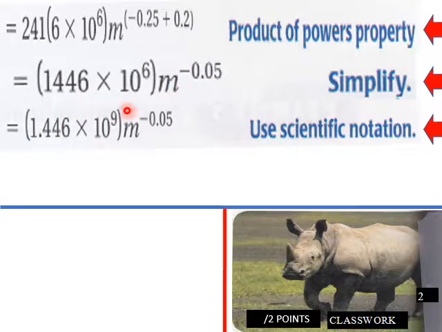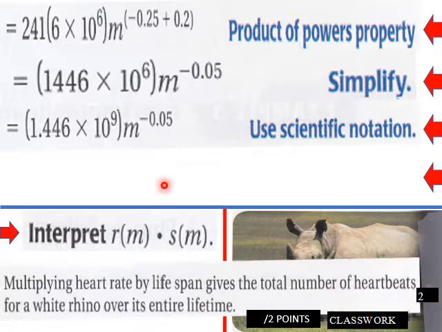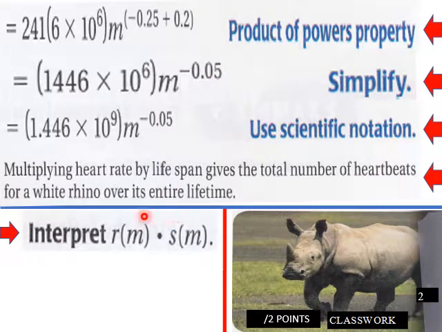And then we can use scientific notation. We move our decimal place over, let's see, 1, 2, 3. So we add 3 positions to our decimal place. So it's 1.446 times 10 to the 9th, multiplied by M to the negative 0.05.